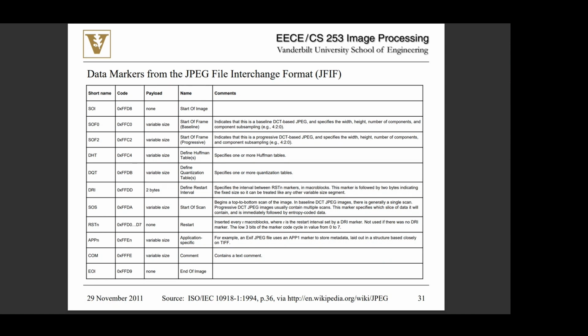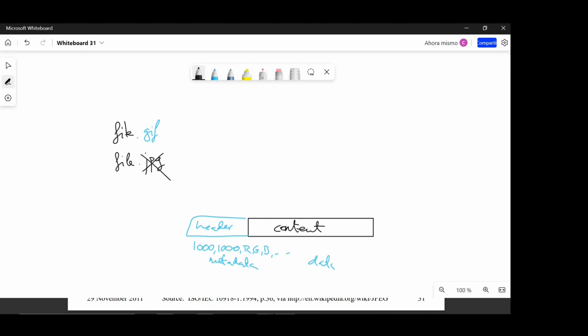The first one is the start of image. All JPEG files start with the 2 bytes FFD8, all of them. So if you look at the metadata, at the header, the first 2 bytes are FFD8. And now you know it is a JPEG file because it has this label, and each combination of bytes has a particular meaning.